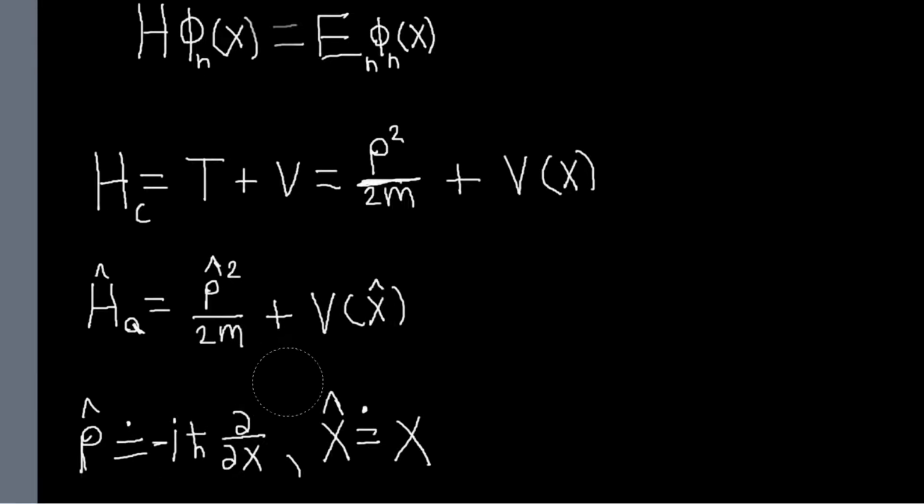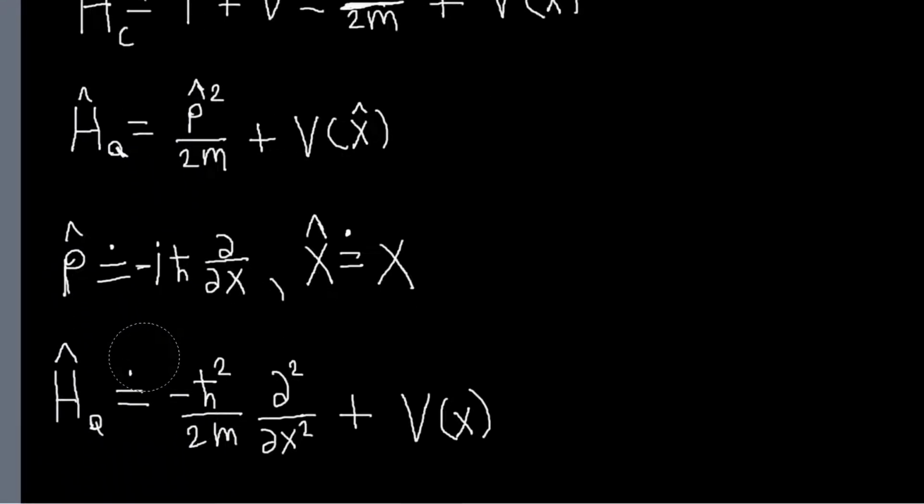But for now, let's just take for granted that the representation of our x operator is easy. It just becomes x in the x basis. And our momentum operator will become minus i h bar d/dx. And so our Hamiltonian is represented in the x basis by this.